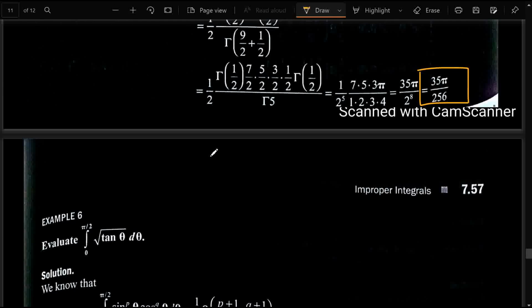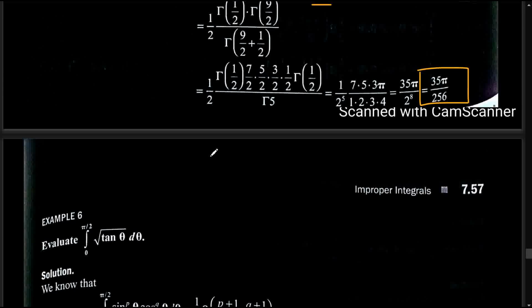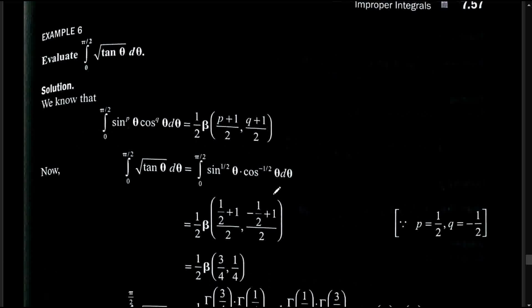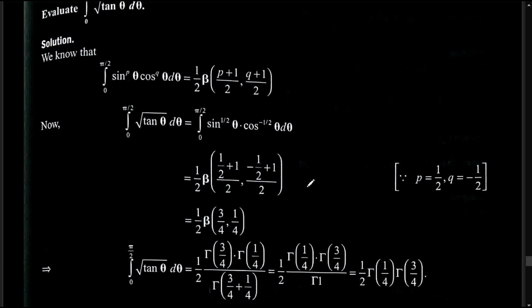Now this is another tricky question. There is no sine, there is no cos, it is a root of tan, so just change tan into sine by cos and simplify it into sine and cos. If you do that, you get sine to the power 1 by 2 and cos to the power minus 1 by 2. Now you can put the formula which we learned before, 1 by 2 beta of p plus 1 by 2, q plus 1 by 2.